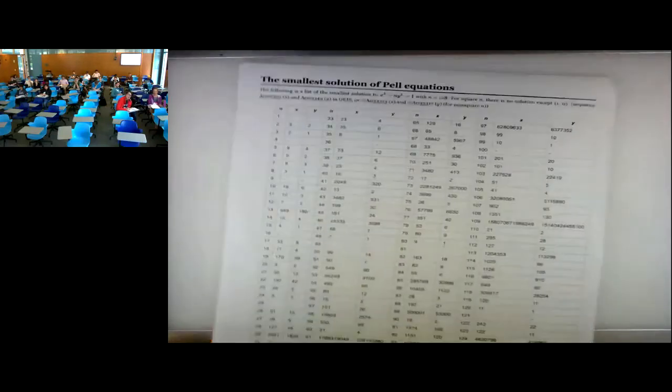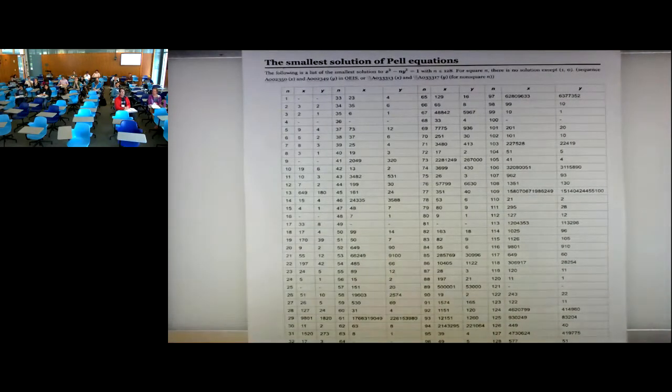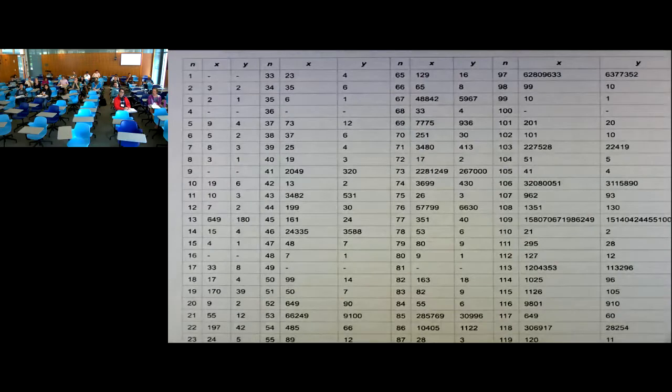So here's something from Wikipedia I printed. It gives you the fundamental solution to this Pell's equation, where I guess n is 9d, and x, y are the solutions. See, the numbers are very jumpy. It changes a lot.